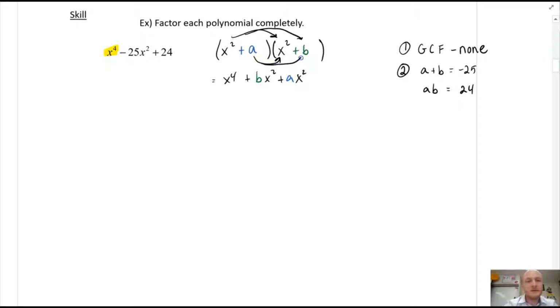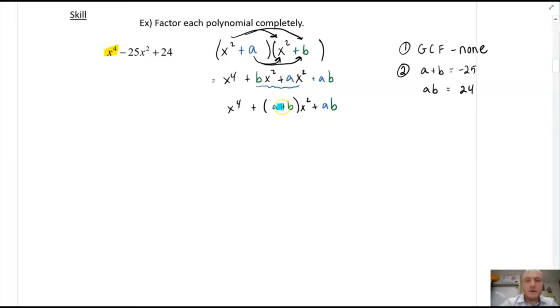And then a times b would be ab. If I simplify this, I can combine these like terms, so I have x to the fourth plus a plus b times x squared plus ab.